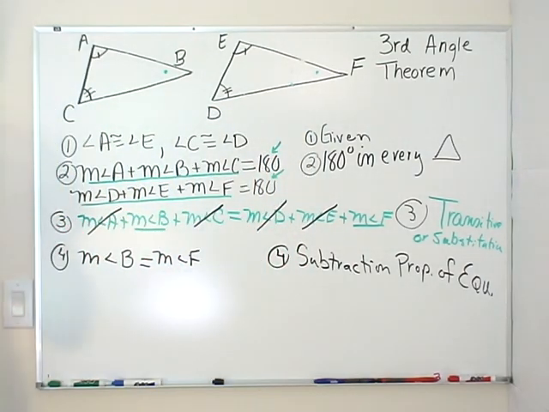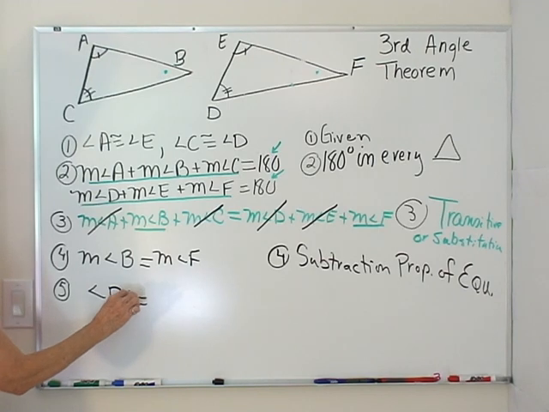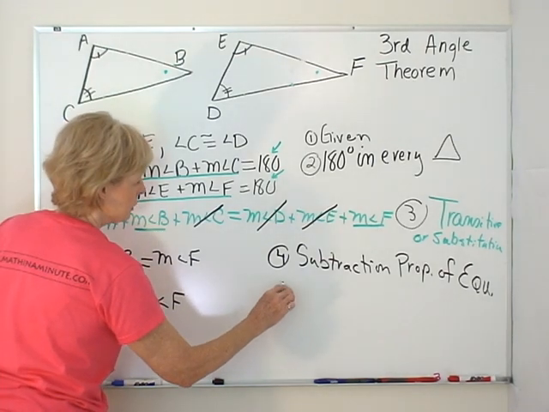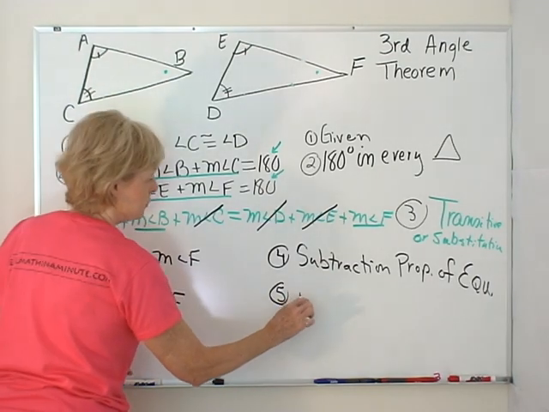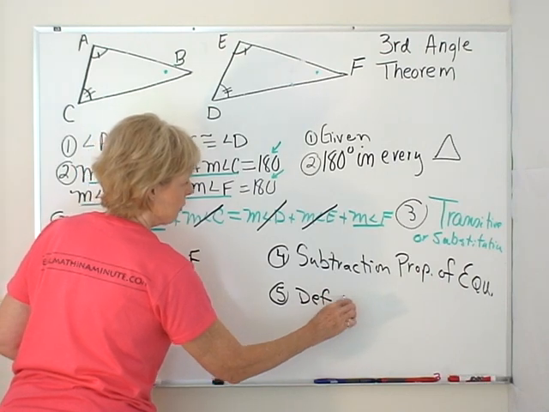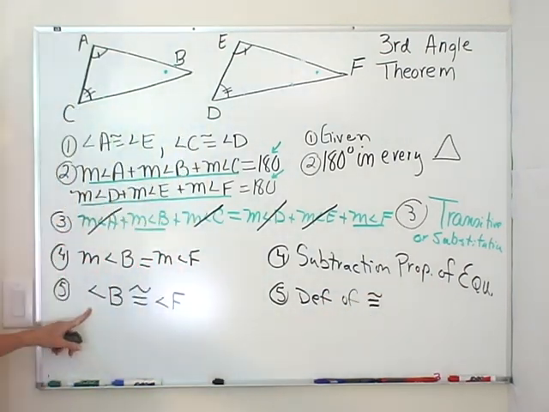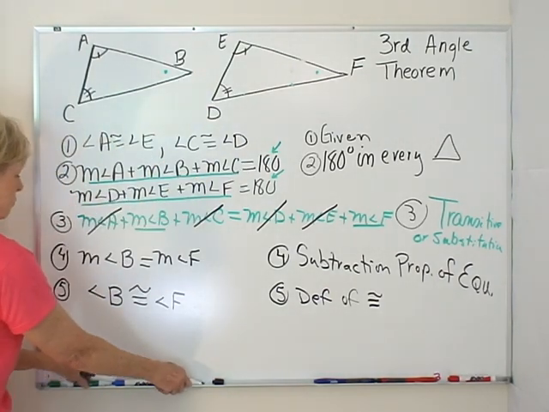So we've got the measure of angle B is equal to the measure of angle F. And so just to make it a little more complete, we'll say therefore angle B is congruent to angle F. And whenever we go from measures being equal to angles being congruent, we say definition of congruent. So now what we have ended up with is a statement that angle B is congruent to angle F, which it certainly is.